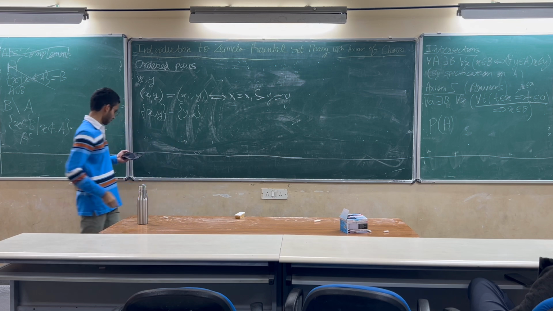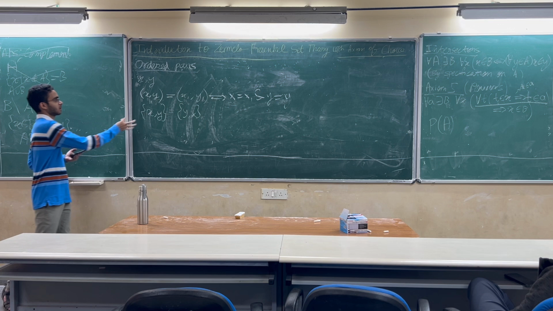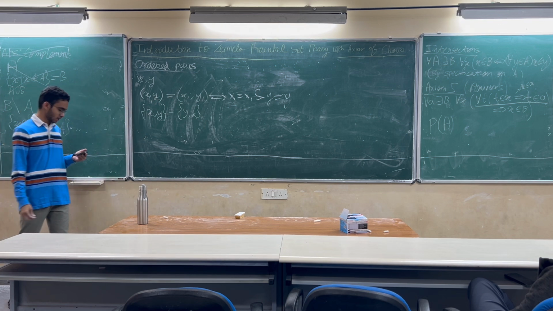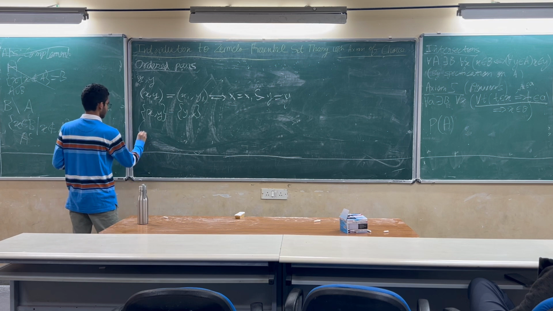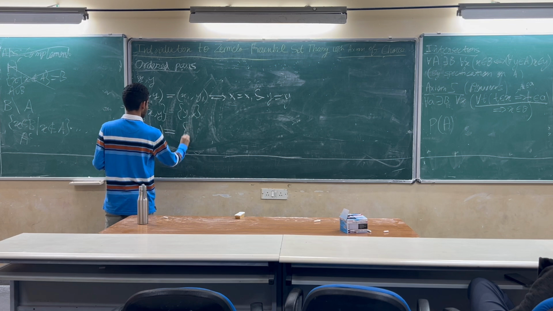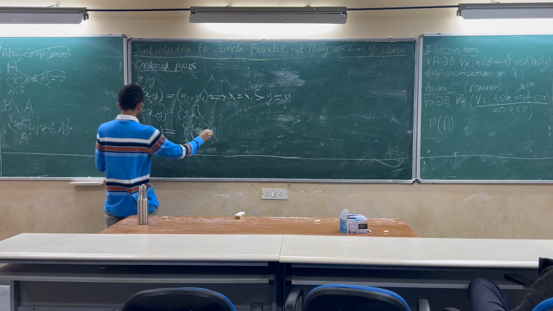So this does not work, and there have been many attempts to define a suitable candidate for this, and the most standard one is by Kuratowski, and this is the definition which we will follow. It doesn't really matter what exact definition we follow, but it is better to have some standard things. We just need this property to be satisfied.